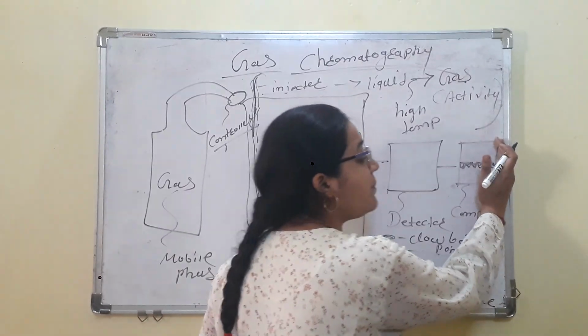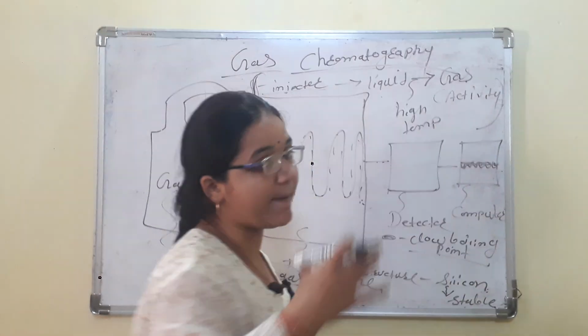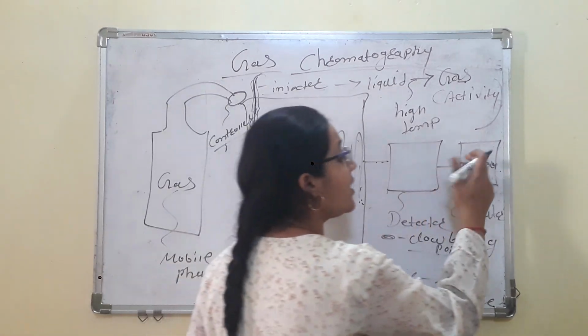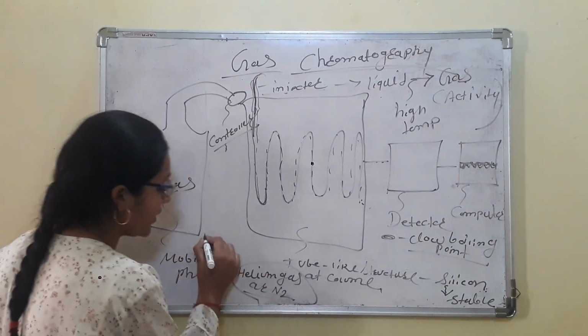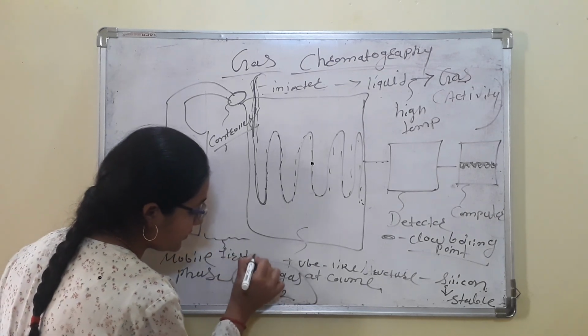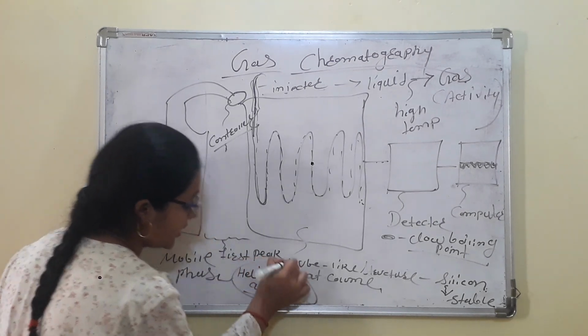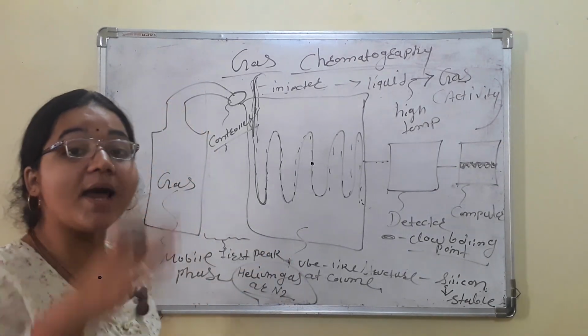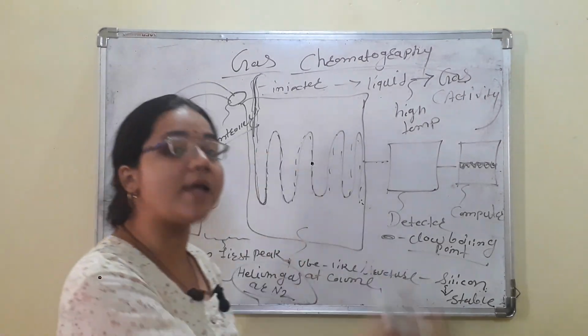For example, guys, look at it. This is our first peak. These are the samples with low boiling points, so firstly they are separated. Then the second peak comes from samples with high boiling points.